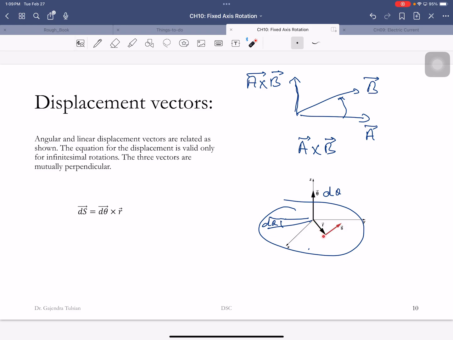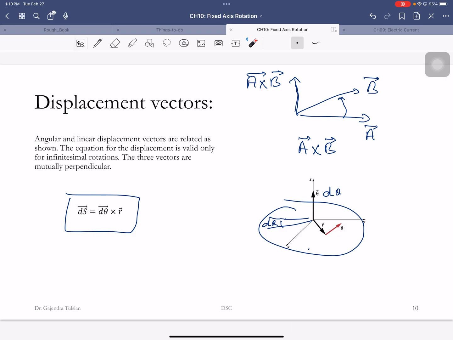And a point r from the axis moves a distance s. So this formula should be like that. The displacement of this point for an angular displacement d theta is d theta cross r, and so that's the vector in that direction, that's the vector in this direction, and this displacement will be perpendicular to this plane.